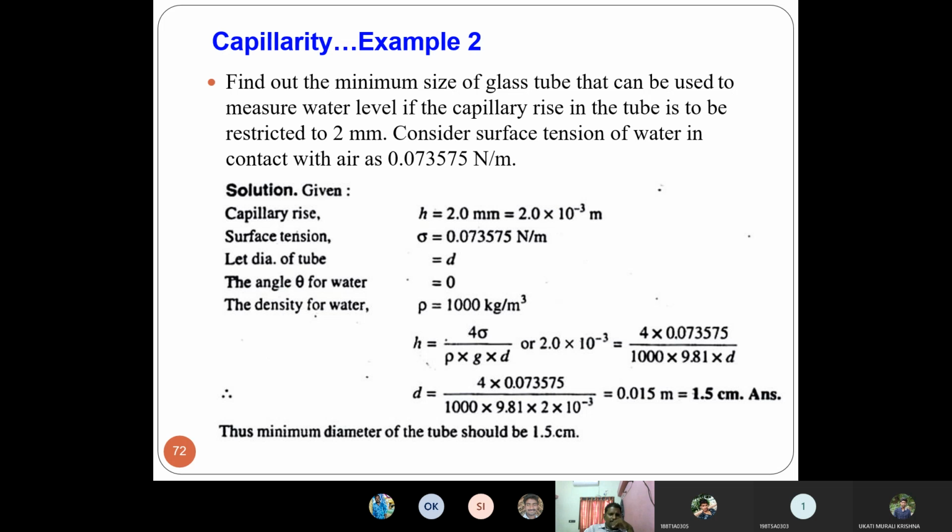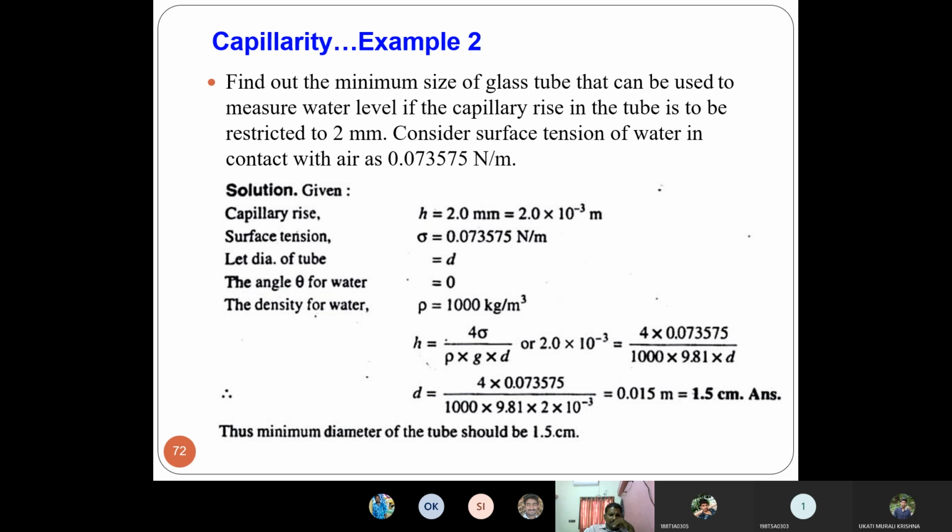Okay, indirectly, capillary rise h value is given, surface tension sigma is given, the diameter of the tube we have to find out, and the angle of contact of water. For capillary rise, theta is equal to 0, and the density of water, rho value, we know. For water, that too for capillary rise, h is equal to 4 sigma by rho g d.